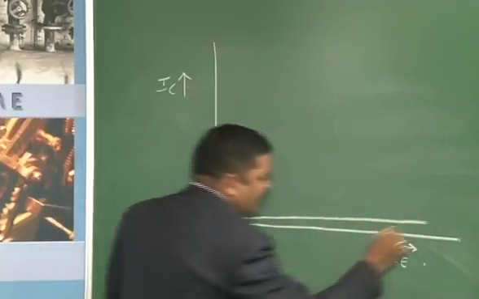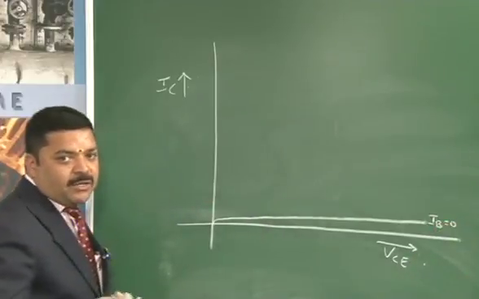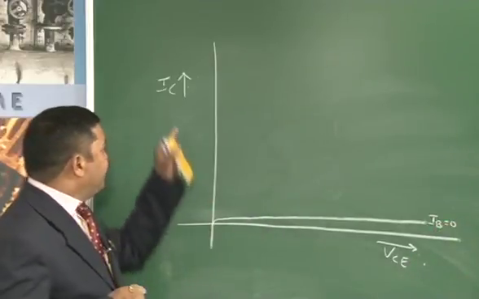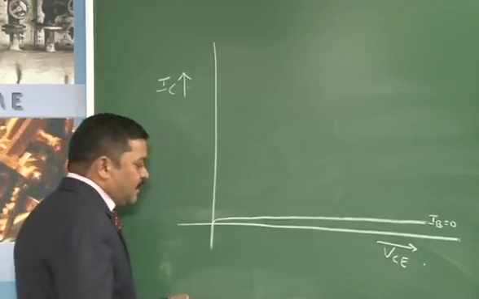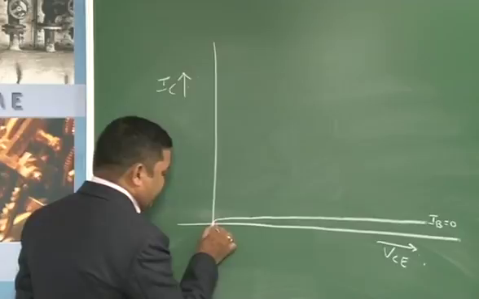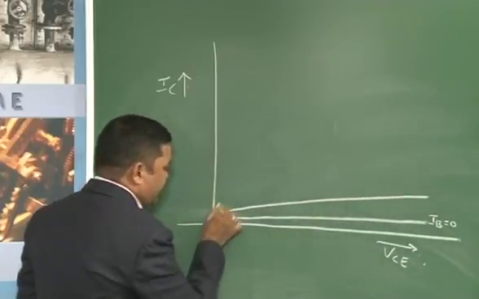This is one characteristic when IB equals 0. When we maintain IB equal to 0, and apply VCE and increase the current, we get this characteristic. So, these are the output characteristics.